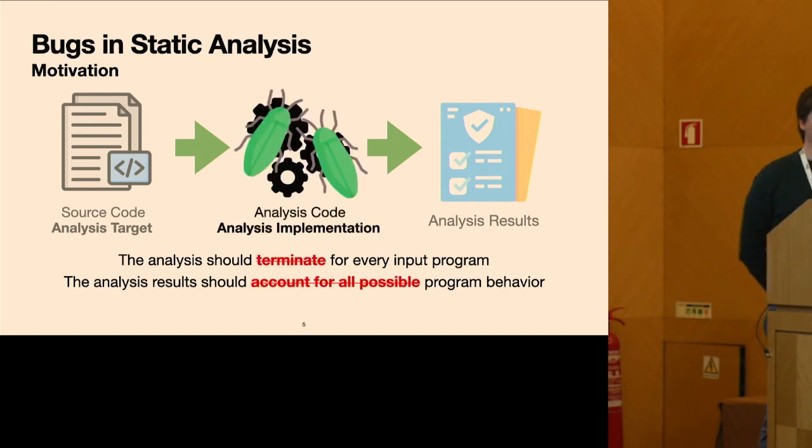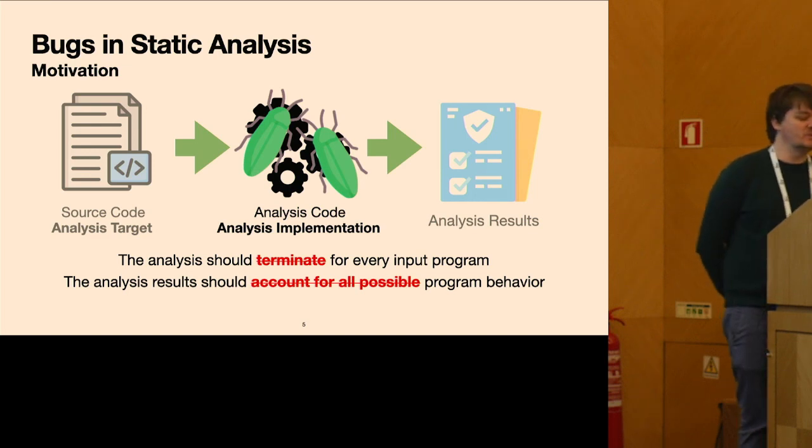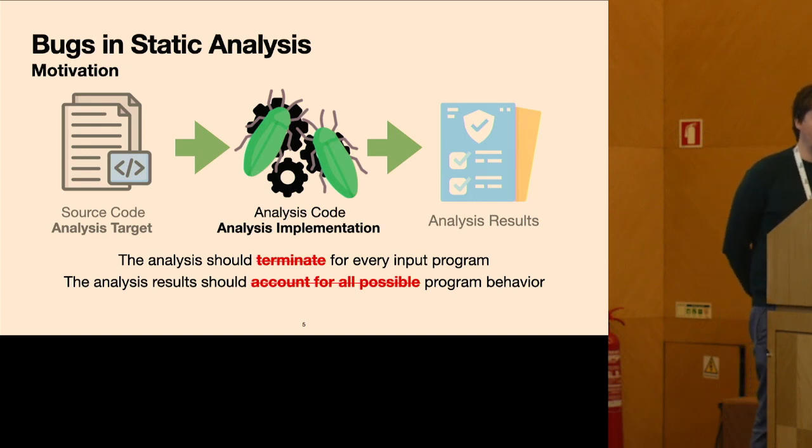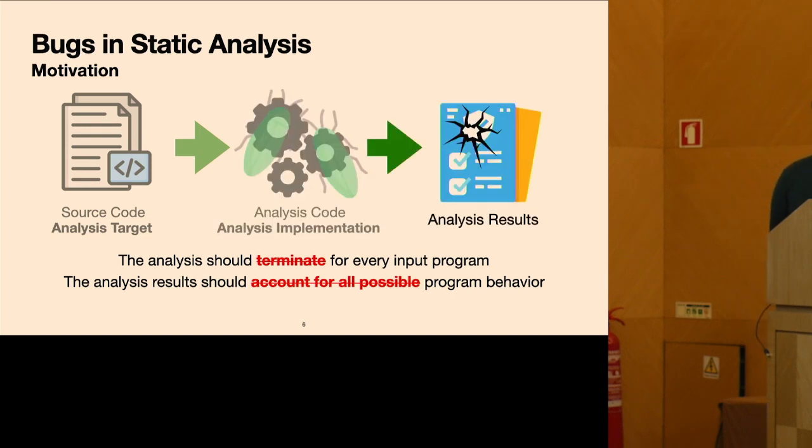Now, of course, it's very well possible that an analysis developer is not able to satisfy these properties because there are some bugs in the analysis implementation. And then we could get a violation of the termination property, or we could lose our soundness. Usually, we see this reflected in the analysis result.